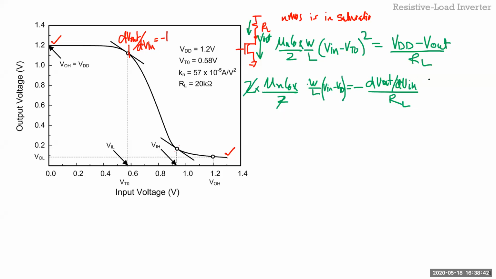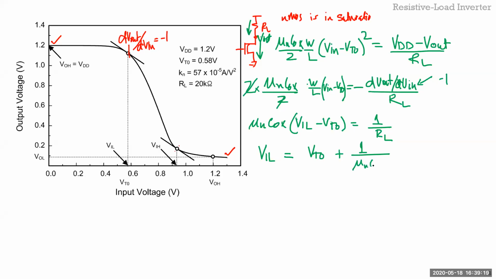If I substitute this quantity to be -1, then it's mu_n Cox V_in minus, because I've substituted dV_out over dV_in as -1, this input by definition is now V_IL, and it is equal to 1 over R_L, right? So if I expand the whole thing, then V_IL is equal to V_T0 plus 1 over mu_n Cox R_L.